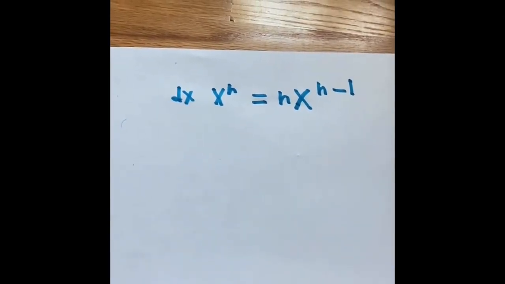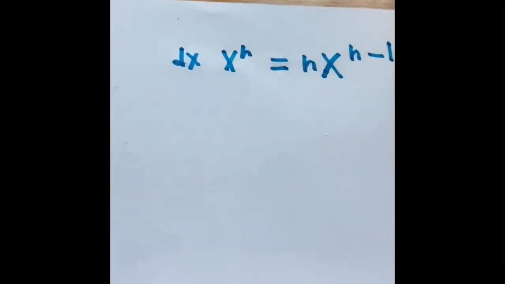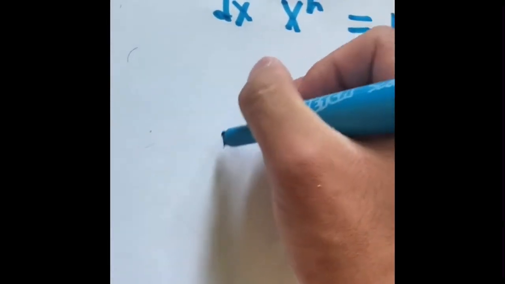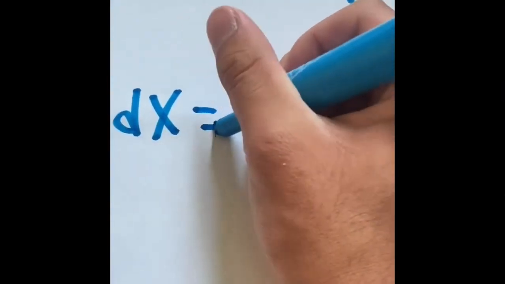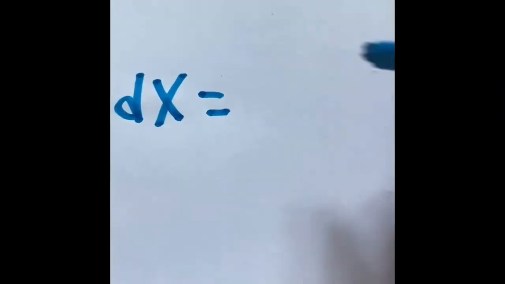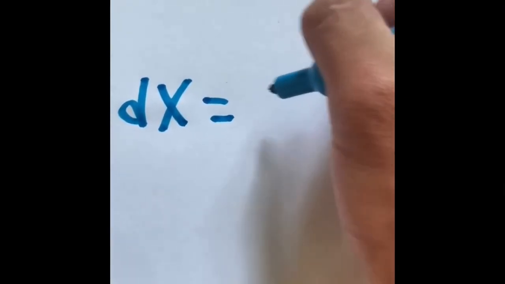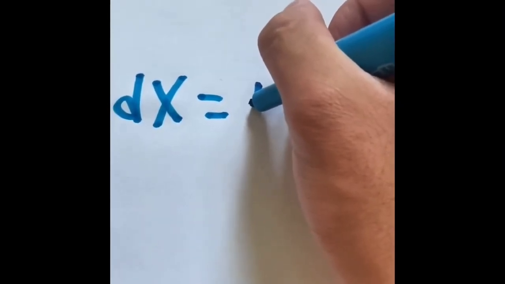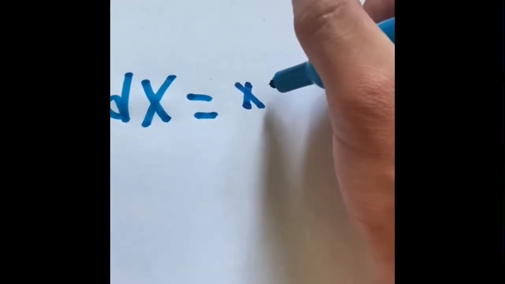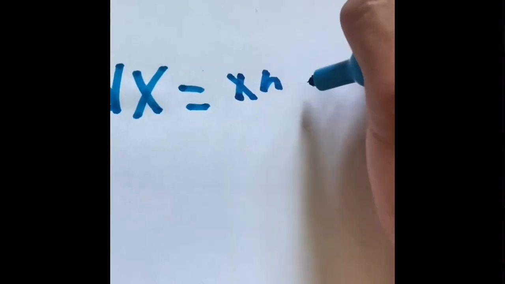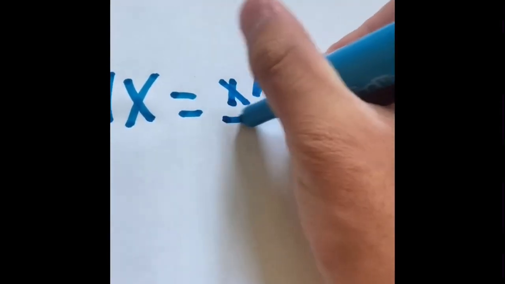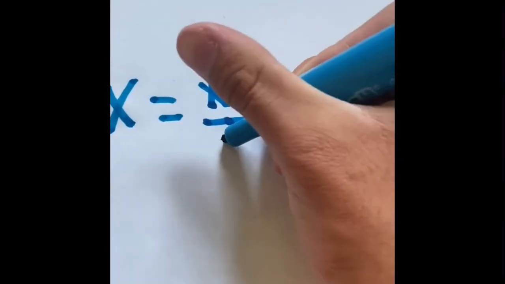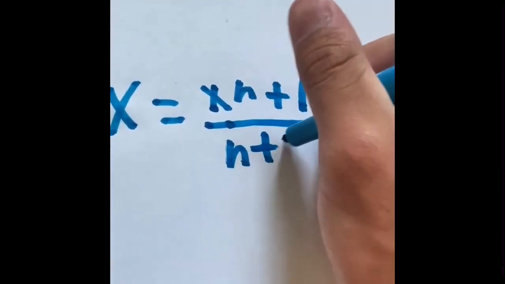So instead of leveling it down, when you find the antiderivative, you have that x variable, but you level that exponent up by 1, and we divide by your exponent plus 1.